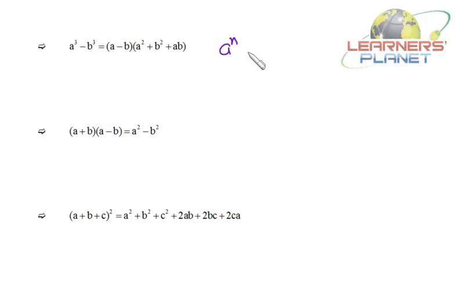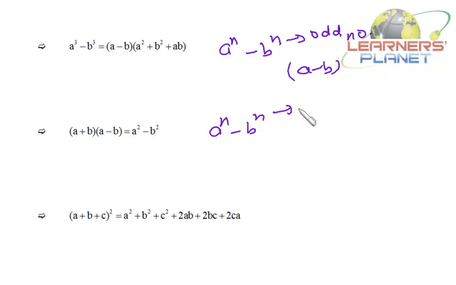Similarly, if aⁿ - bⁿ is there, if n is an odd number, any odd number, here I mean a positive integer, then a-b will definitely be a factor of aⁿ - bⁿ. Similarly, here we can see a² - b² = (a+b)(a-b).